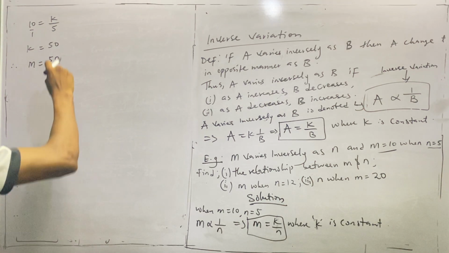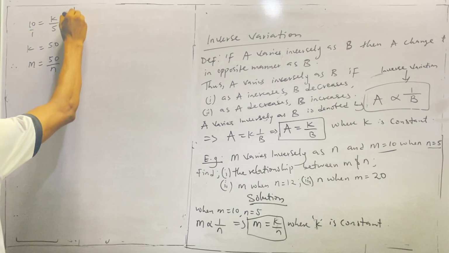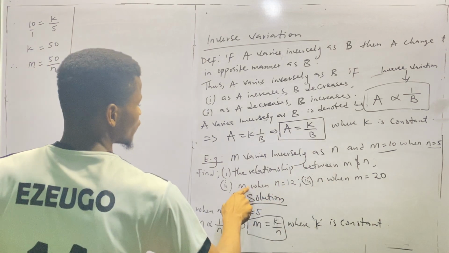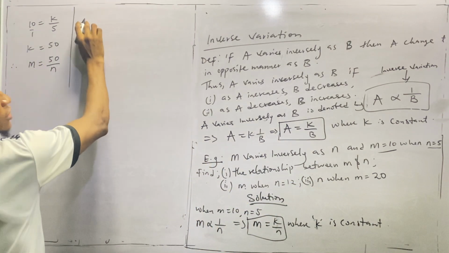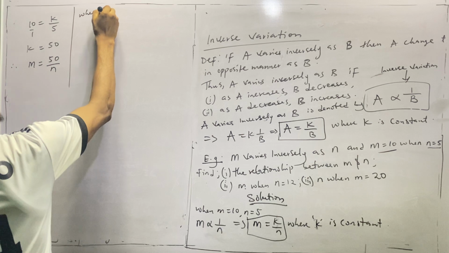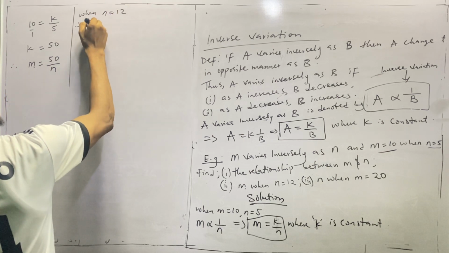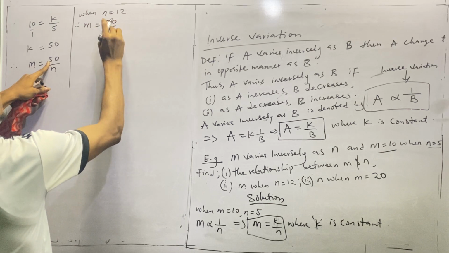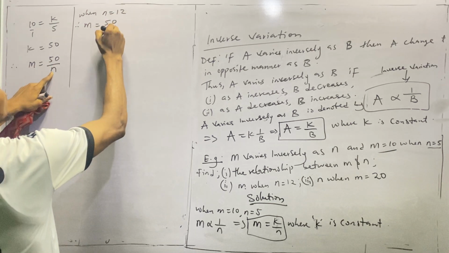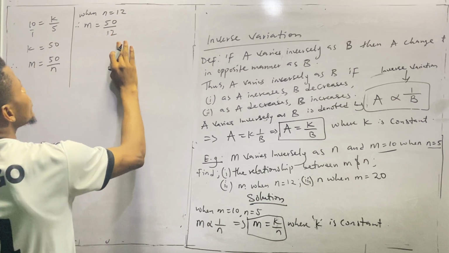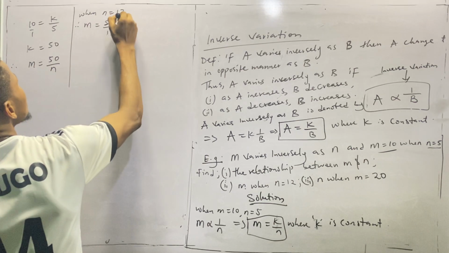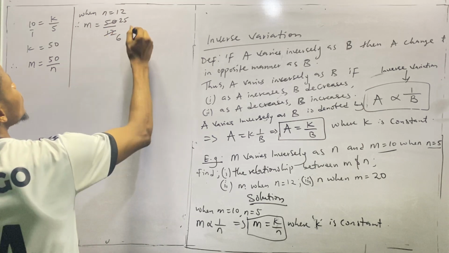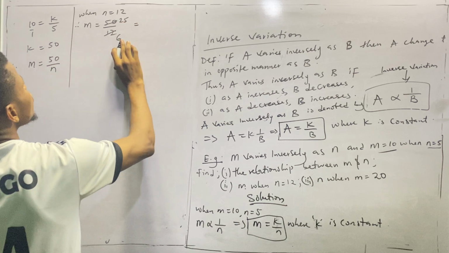Let's solve the other part. They say we should find m when n is 12. When n equals 12, our m will be 50 over n, right? So our n is 12, and we can divide both by 2: 25 over 6.